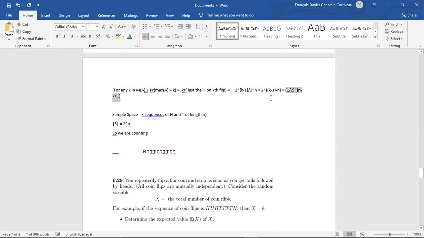You just inverse, right? This is a base 2, this is base a half. This part is just math.